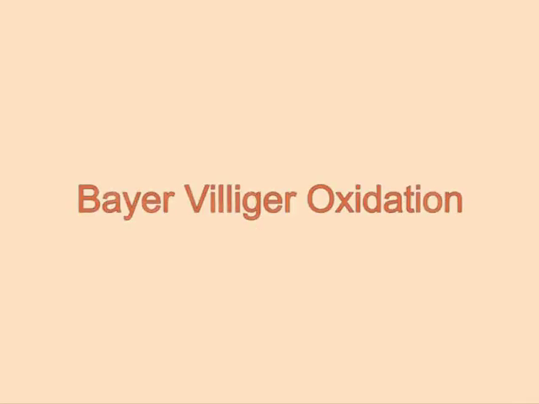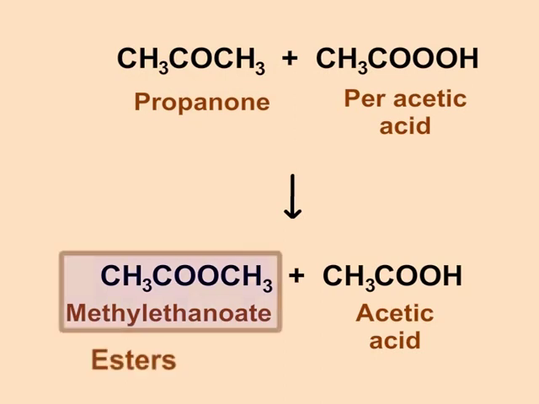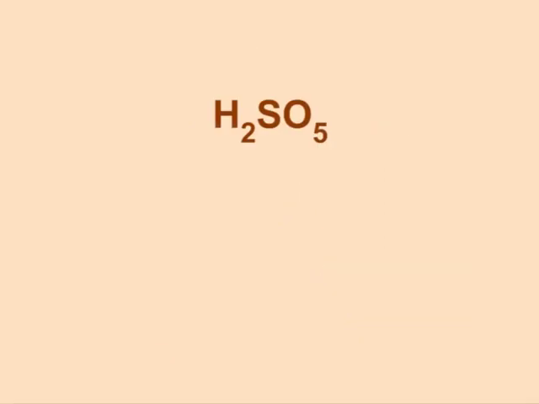We will next learn about Baeyer-Villiger oxidation. Certain aliphatic ketones are oxidized to form esters when reacted with some peracids like permonosulfuric acid, that is H2SO5.